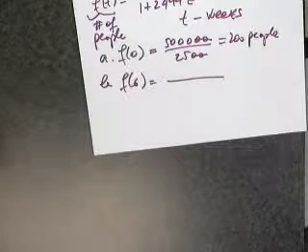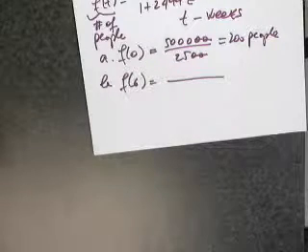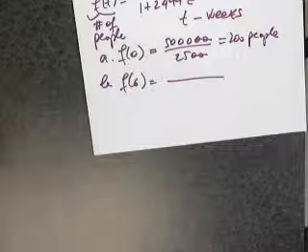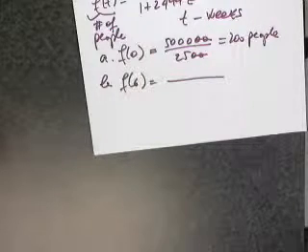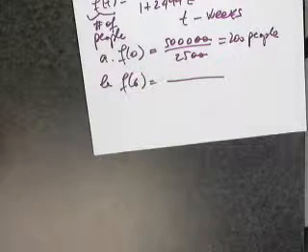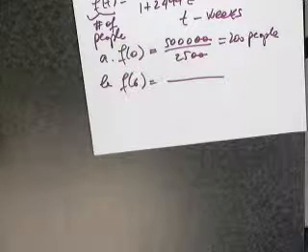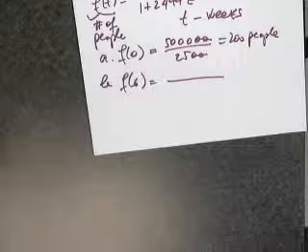So 500,000 divided by parentheses, careful, 1 plus 2,499 multiplied by e raised to, in parentheses again, negative 0.92 multiplied by 6. Close the parenthesis for the power, go outside and close the parenthesis for the denominator.